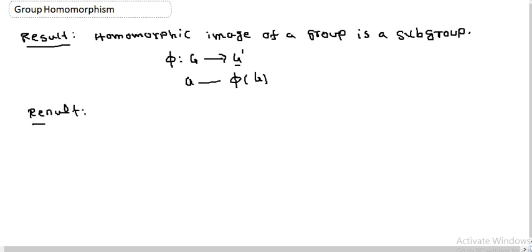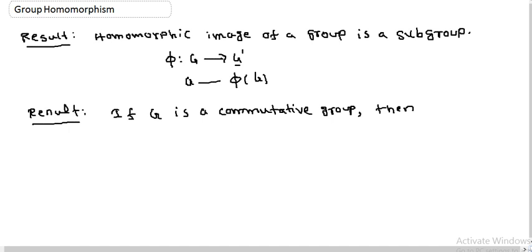So remember these results. If G is a commutative group, then this will imply that phi of G is a commutative group.